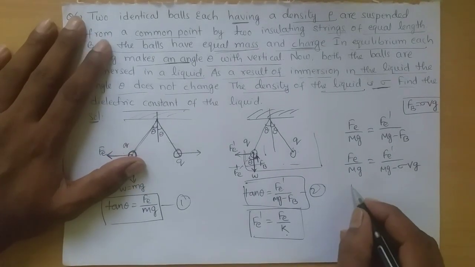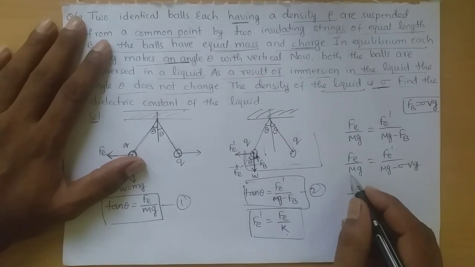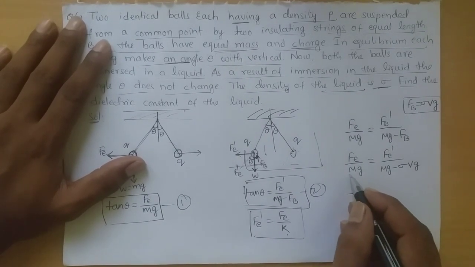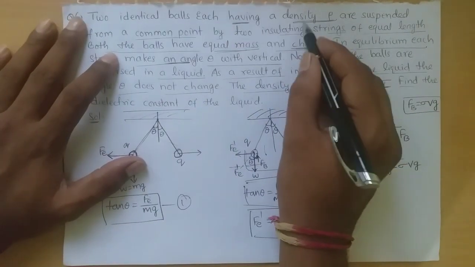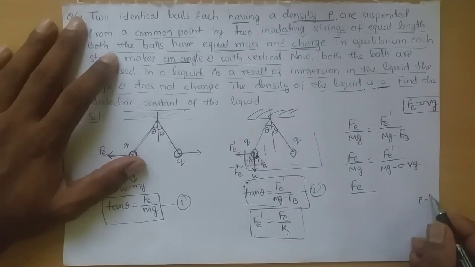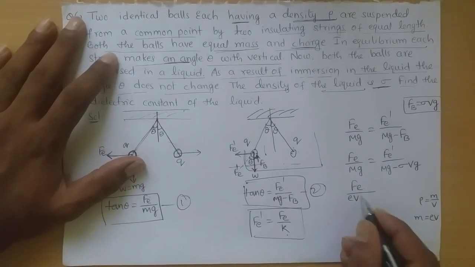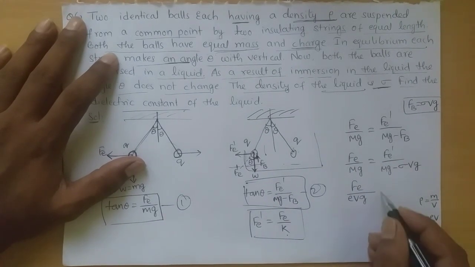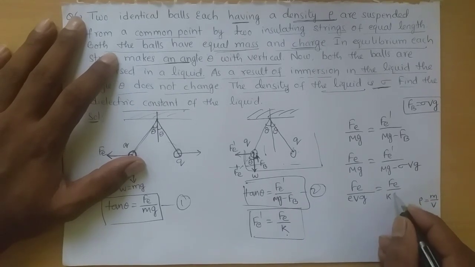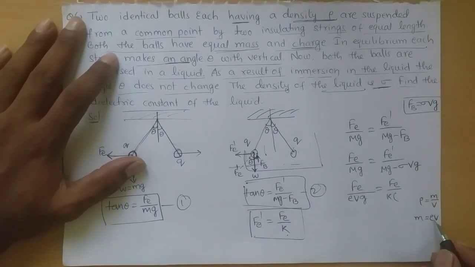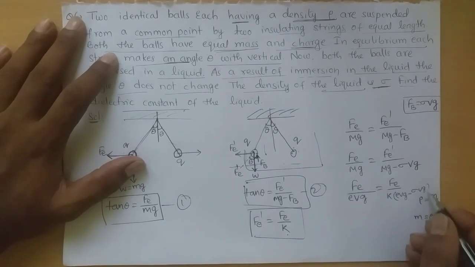Now the mass: density of the spheres is given as rho, so density equals mass of the sphere by volume of the sphere, so mass equals rho V. So we can write Fe by rho V g equals Fe dash, which we already know is Fe by K, divided by rho Vg minus sigma Vg.